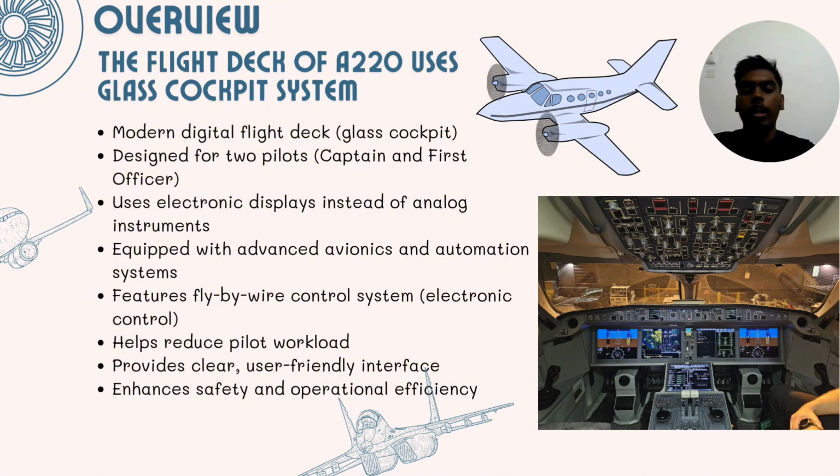The cockpit is equipped with advanced avionics and automation systems, which help to improve performance and reduce human error. It also uses fly-by-wire control systems where the pilot inputs are transmitted electronically. All these features help to reduce pilot overload and provide a clear, user-friendly interface. Overall, the system improves safety and operational efficiency in modern aviation.